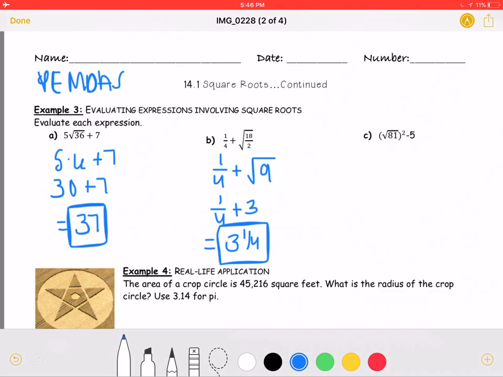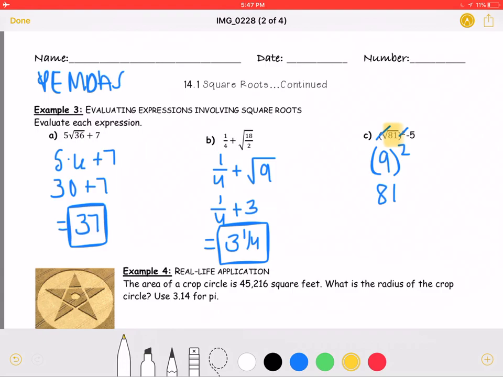And our last example, I have the square root of 81 and then we're squaring that. So you could do your parentheses. Square root of 81 is 9, but then 9 squared is 81. Anyone notice what just happened? When we square and take the square root of a number, remember those are inverse operations, so they really just cancel each other out, and you're just left with what's underneath the radical sign.